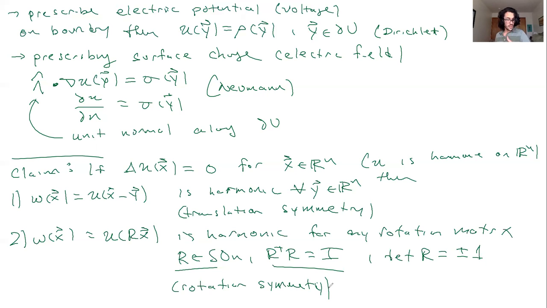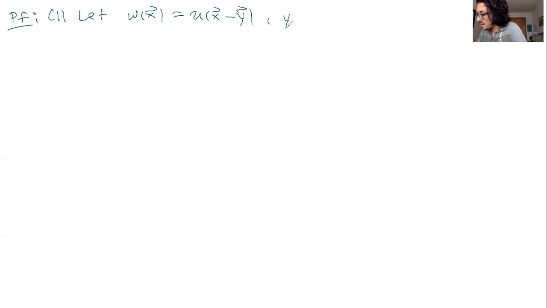So these are the ingredients that we're going to need to put into our analysis in order to build the fundamental solution. Let's prove both of them. So to start with, we'll let W of x equal u of x minus y. Y is in Rn, okay?